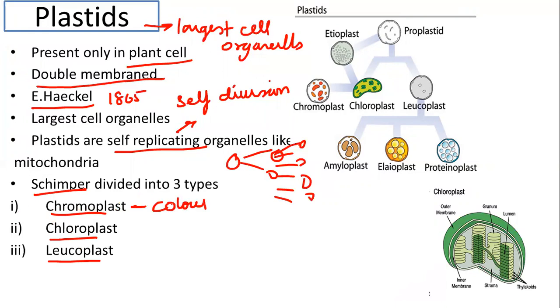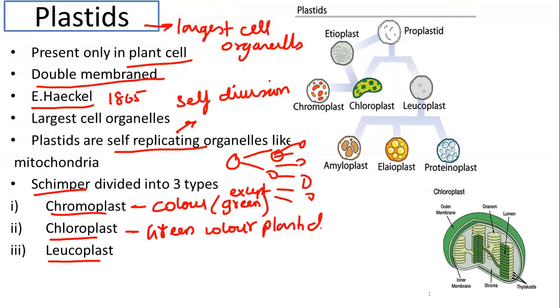Chromoplasts have all colors except green, whereas chloroplast contains green color and is also called the green plastid. Leucoplast means colorless plastid. This leucoplast you can find in roots.